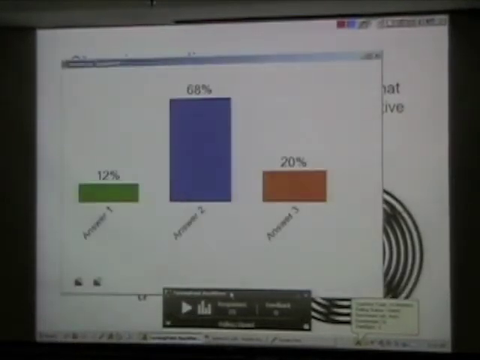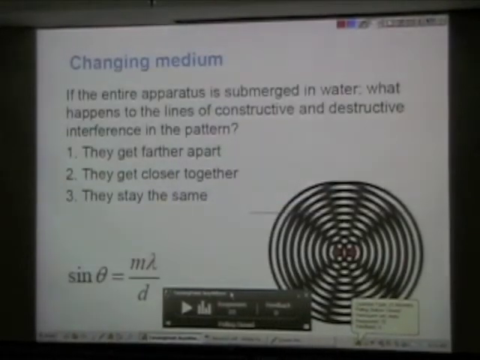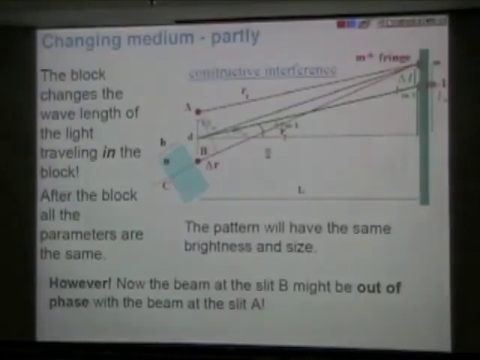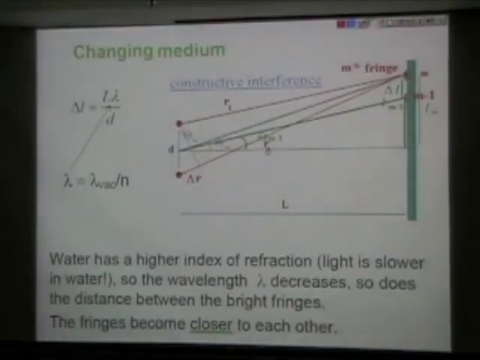Answer number 2 is correct because when you're changing the medium, you're changing the wavelength. And for light, the wavelength always goes down.